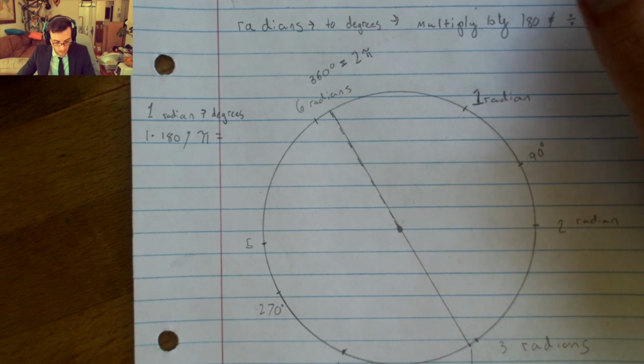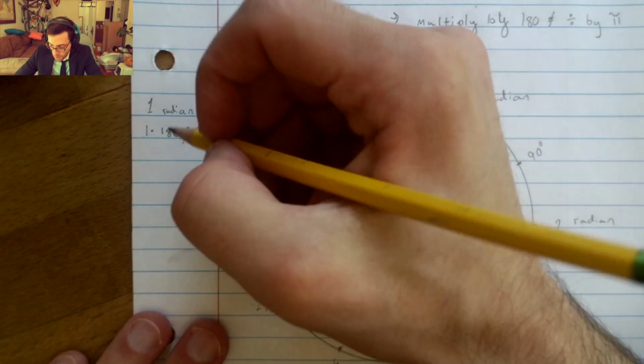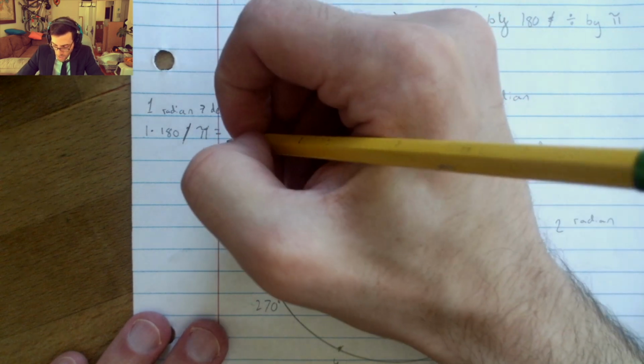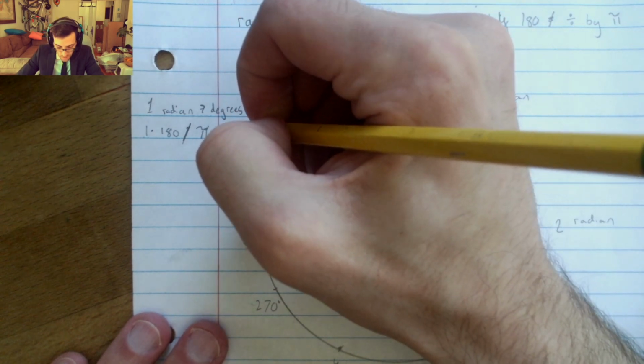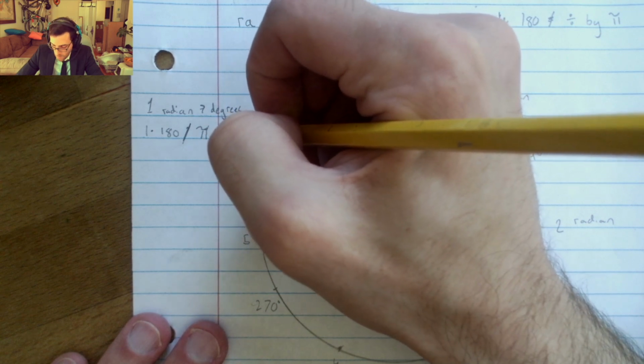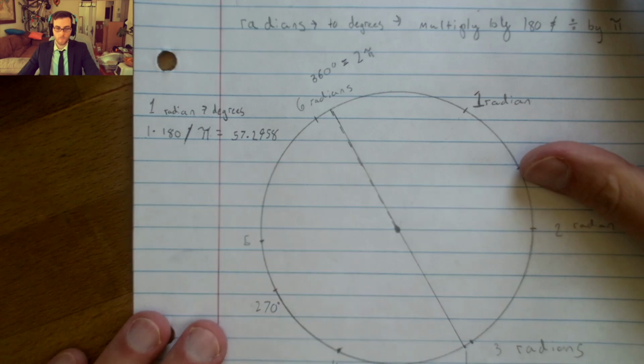If we do 1 times 180, divide by pi, we get a value of about 57.2958.